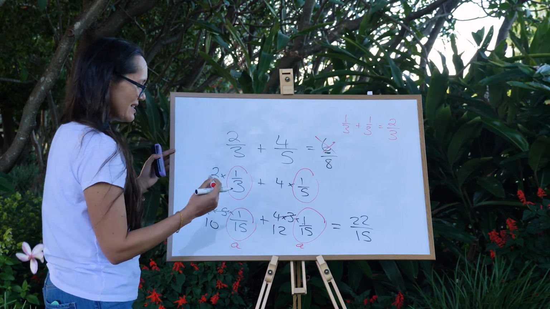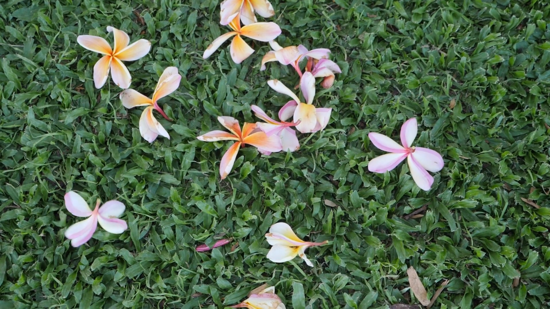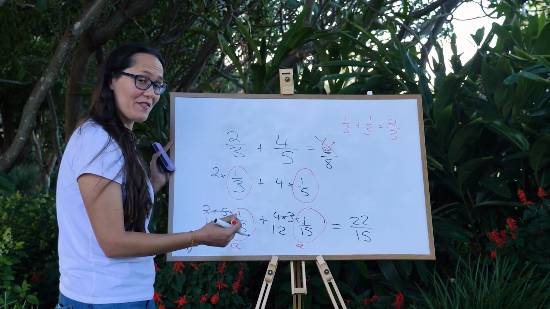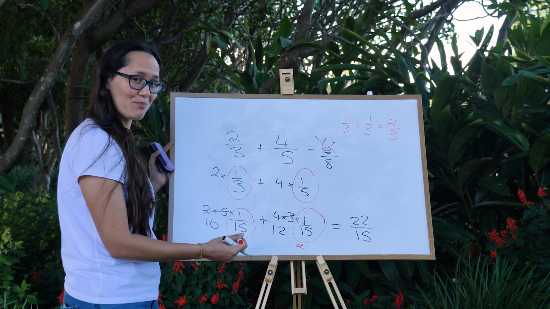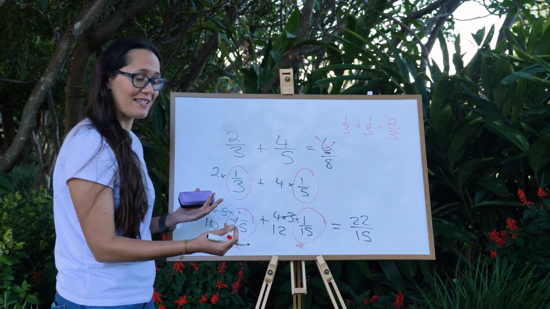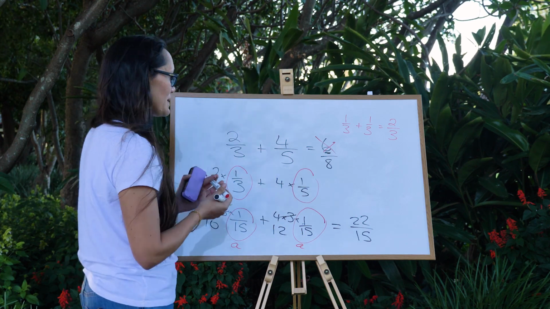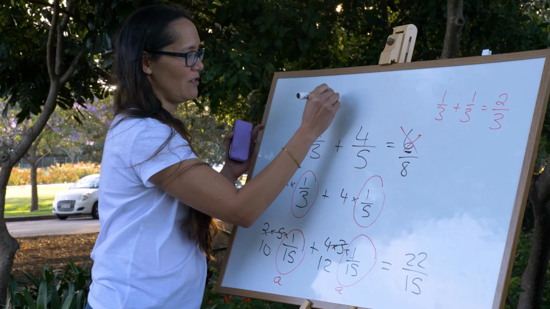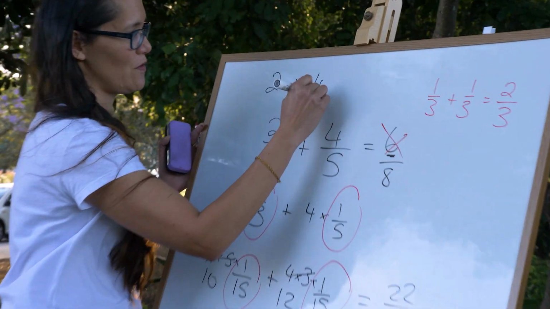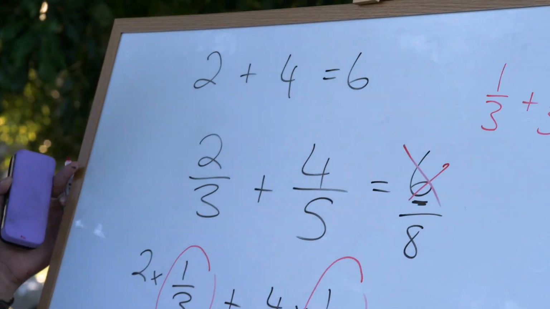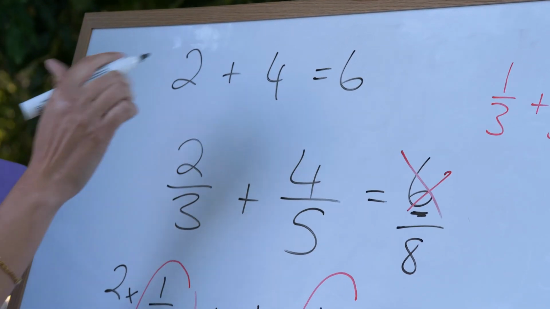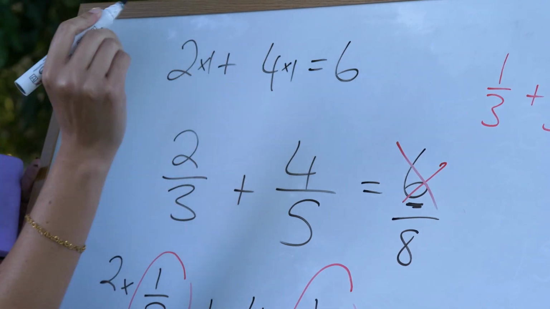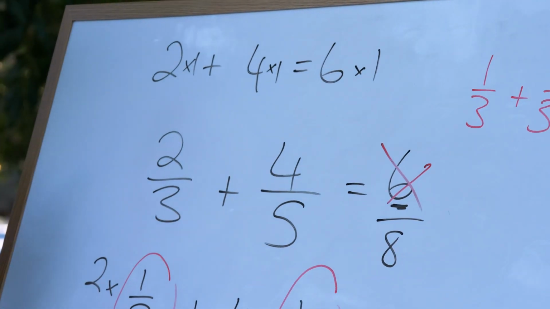Because this is, oh, just lost my flower, all good. This is the interesting, sophisticated idea that fractions brought and actually extended our number system when we just had whole numbers. If I just did the normal addition of 2 plus 4 equals 6 with whole numbers, actually what's hidden in here is this unit of 1. 2 times 1 plus 4 times 1 equals 6 times 1.